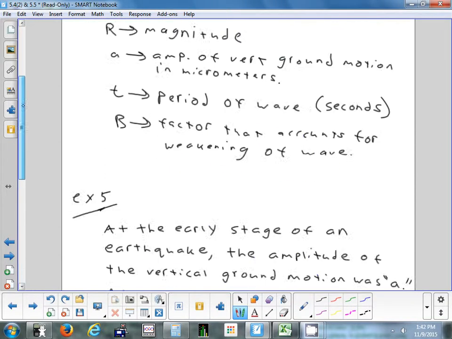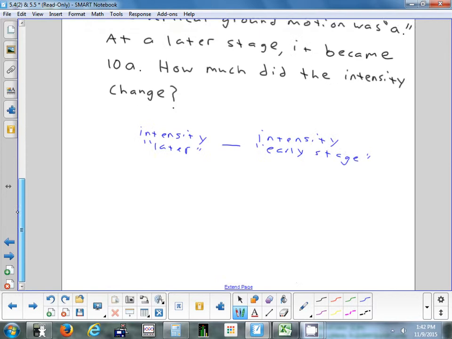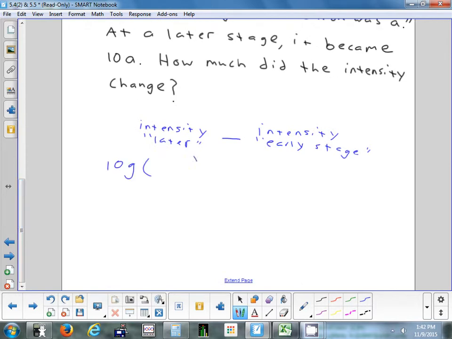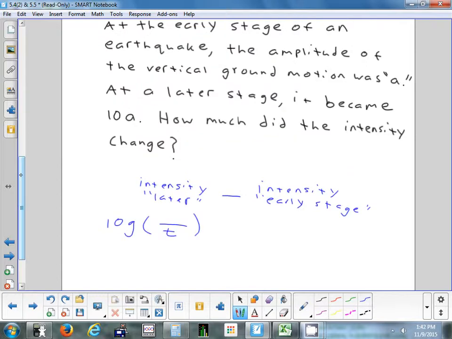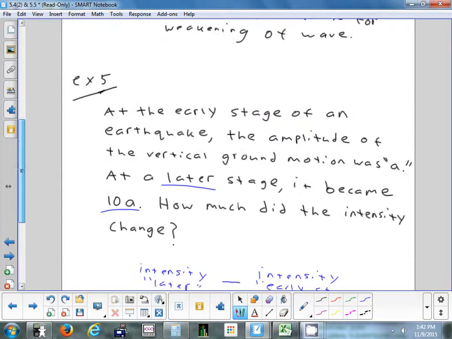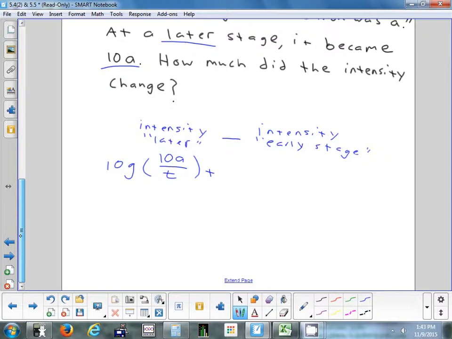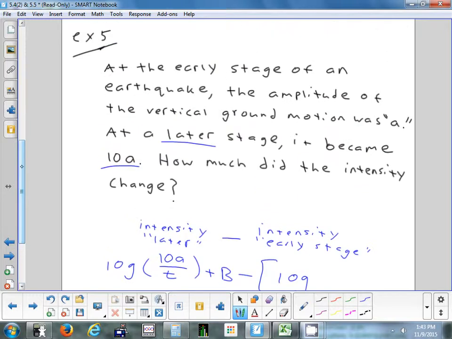Right, so our intensity is log of A over T. What's my intensity later? Later it was 10A, plus the factor that accounts for the weakening of the wave, B, minus, okay, log of, what was my intensity early?